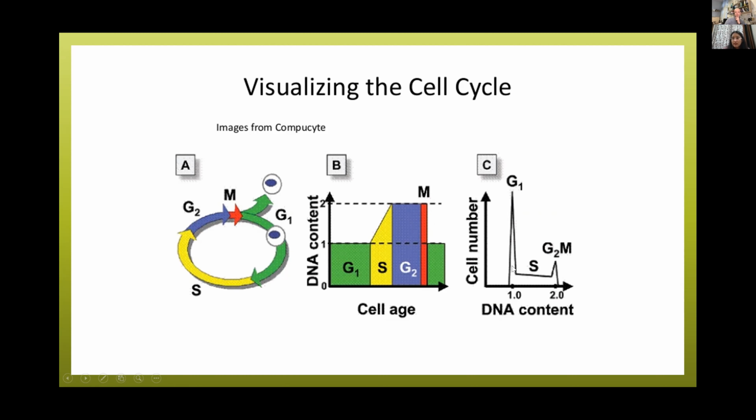Here you can see that in G1 the DNA index is 1, so that means that it is diploid. Now the S phase depicts a DNA index between 1 and 2, and G2 has a DNA index of 2. That is, it is double what it was in G1.